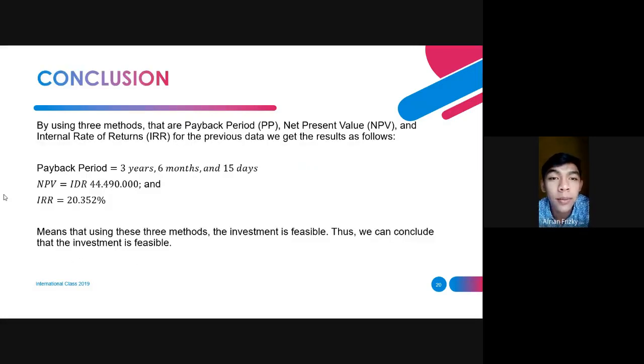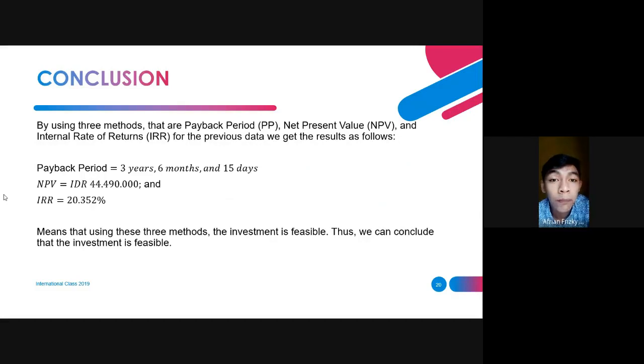And then the conclusion, using the three methods: payback period or PP, net present value or NPV, and internal rate of return or IRR. For the previous data, we get the results as follows. Using payback period, the investment will close in 3 years, 6 months, and 15 days. That is still within the economic age, so the investment is feasible.